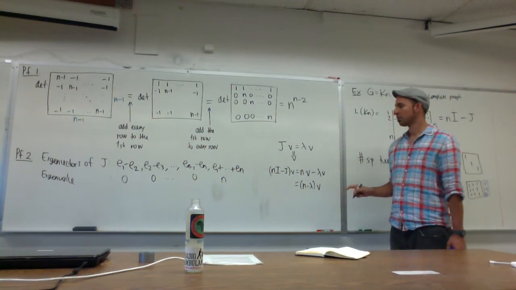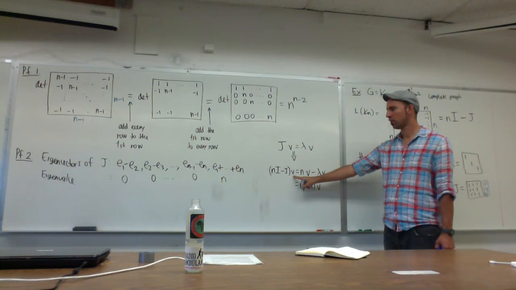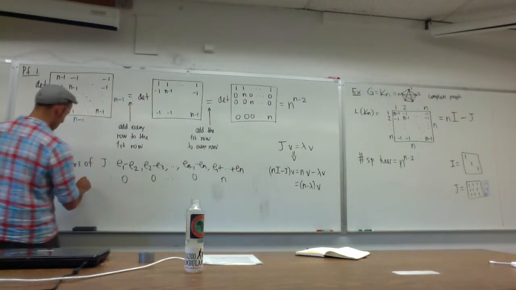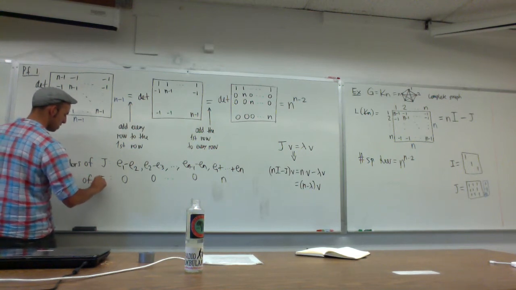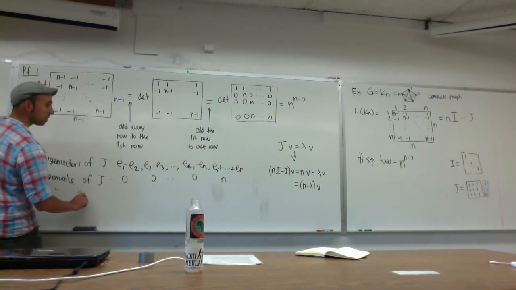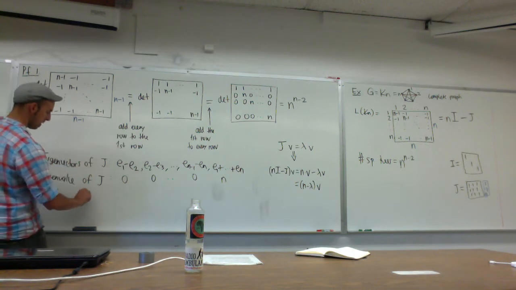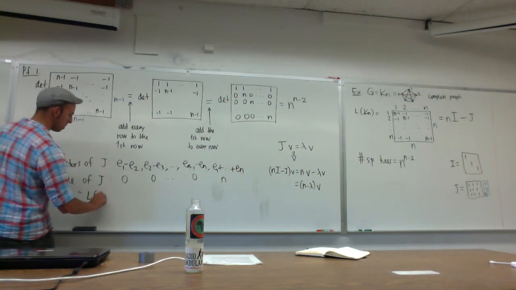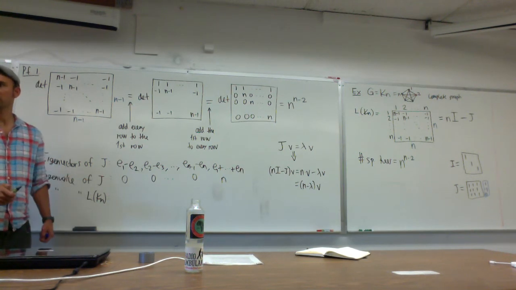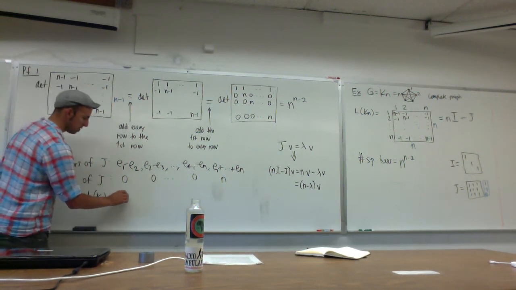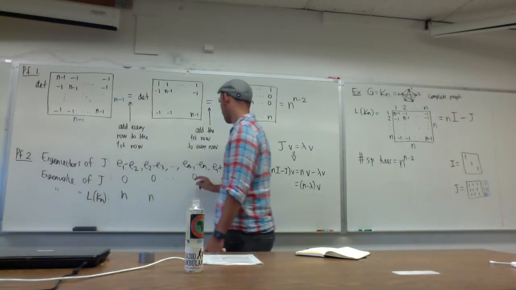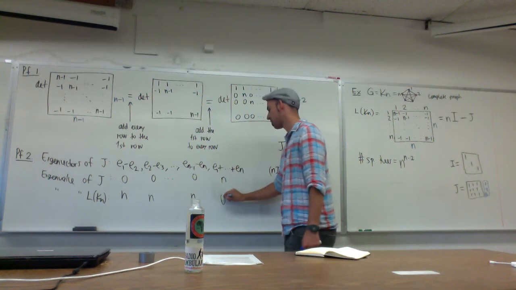So this is also an eigenvector for this other matrix. These are the eigenvalues of J, but the same eigenvectors give me eigenvalues of my matrix, the Laplacian of Kn, which is nI minus J. And what are they? They are n minus these numbers: n minus 0 is n, n minus 0 is n, n minus 0, and n minus n is 0.